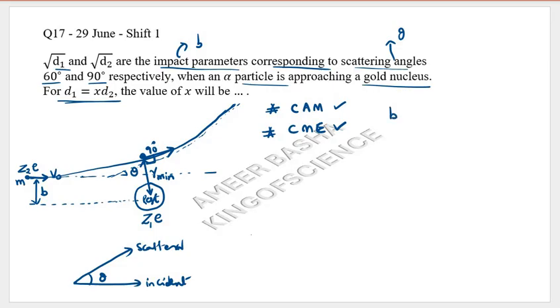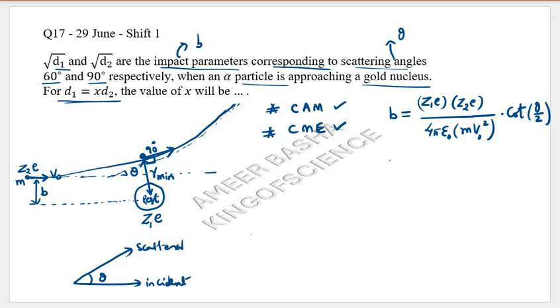So b is equal to Z1e Z2e divided by 4 pi epsilon naught m v0 square, into cot of theta by 2. This formula is sufficient to solve this problem.